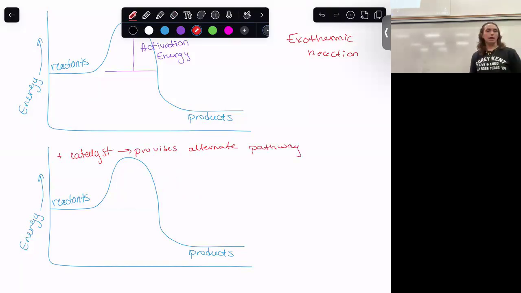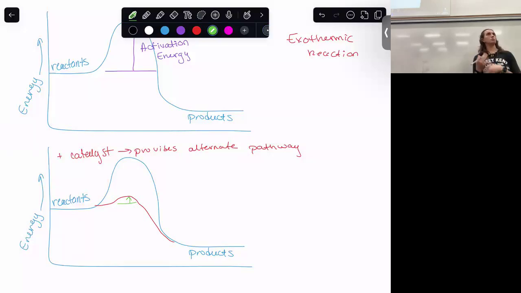They speed up the reaction because instead of going over that large purple activation energy we had in the example above, it now takes, say, this red pathway. So now your activation energy is much smaller than the purple activation energy in the reaction above.